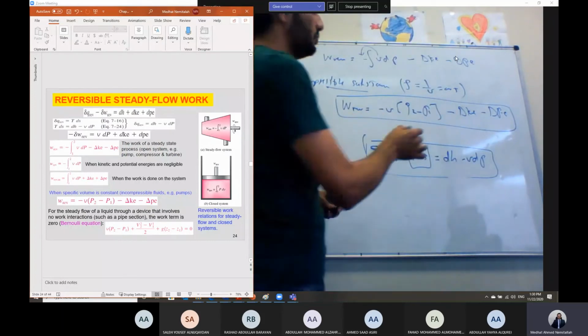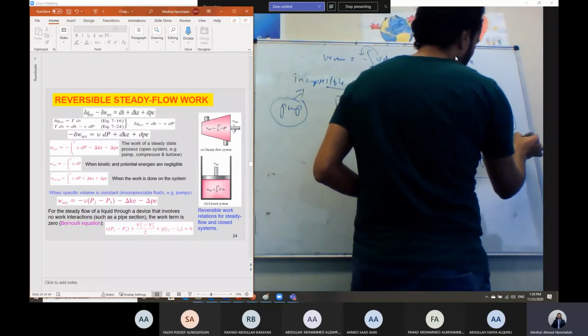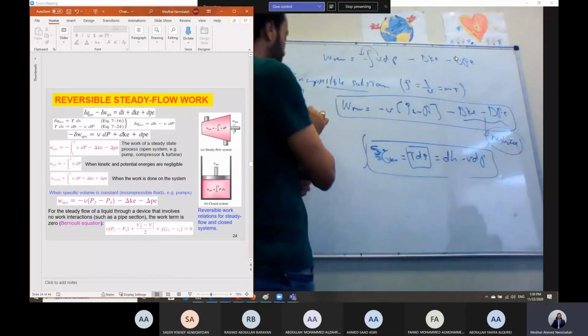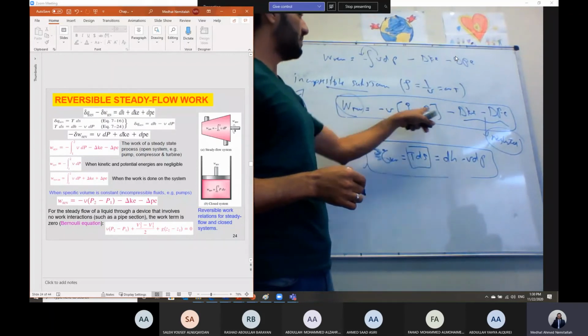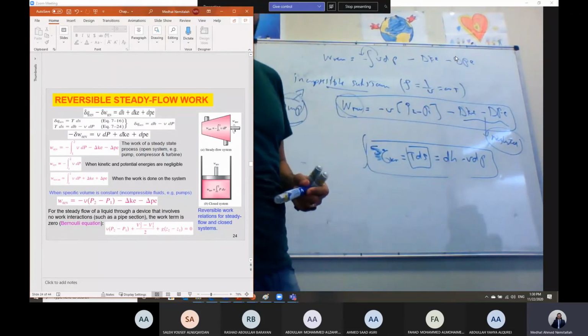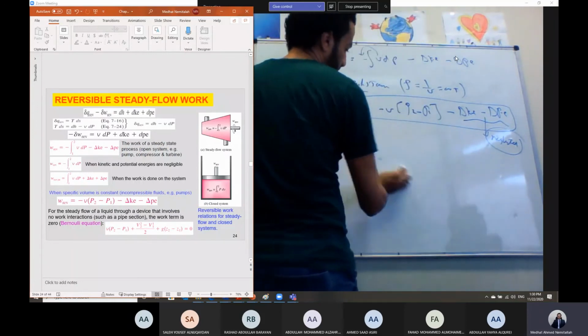If those two terms are neglected for a pump, then we can calculate the maximum reversible work input to the pump as minus v multiplied by P2 minus P1. Okay, so this is for a pump.